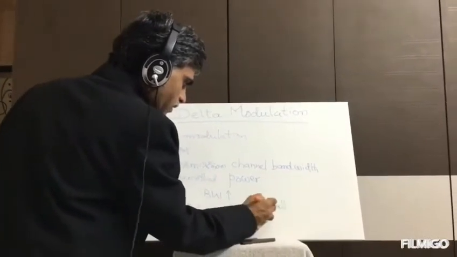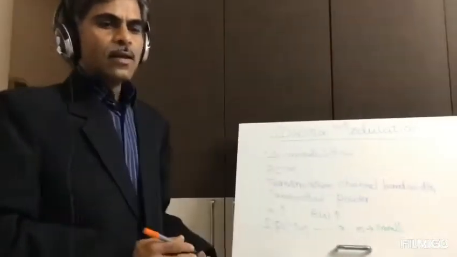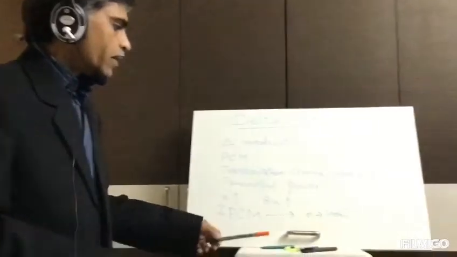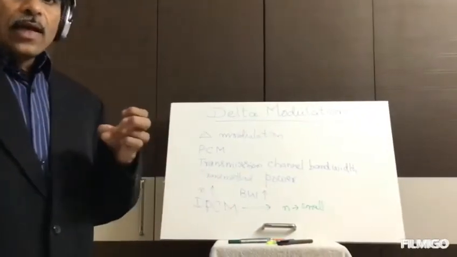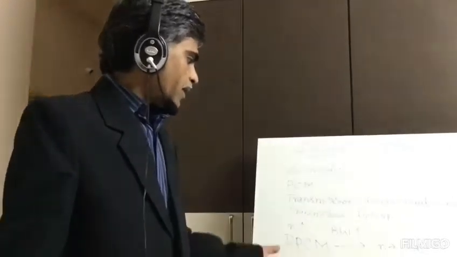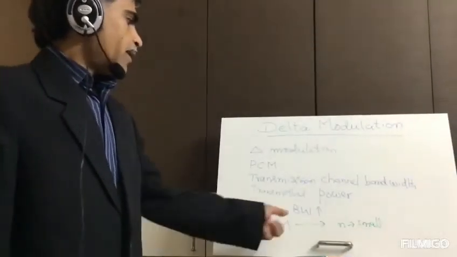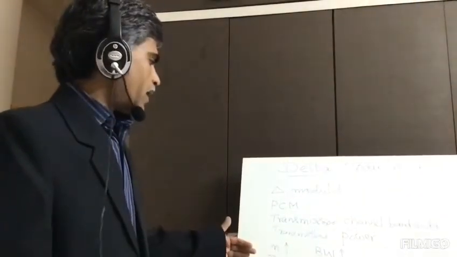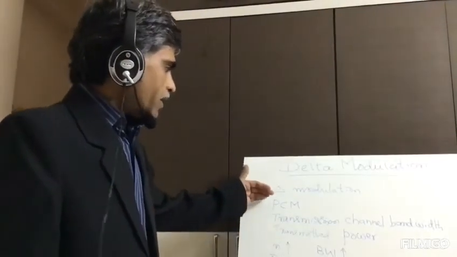The reason is the difference between adjacent samples, when you take the proximity between the adjacent samples to be very small, they are very close enough, then obviously the n value will be very small. So we can reduce the bandwidth requirement drastically from PCM to DPCM.